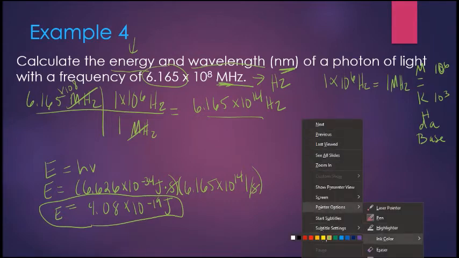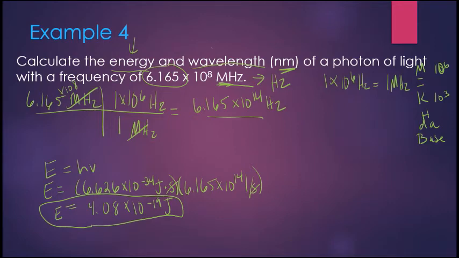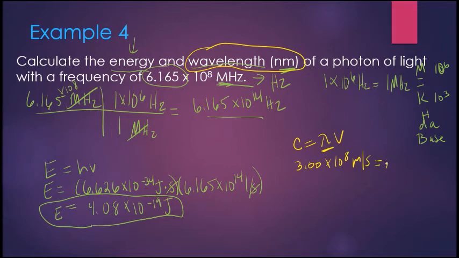Now I'm going to look at the other one, doing the wavelength. I'm going to use the other equation, c equals lambda v, to solve for wavelength. So 3 times 10 to the 8th meters per second equals lambda times our frequency, which is 6.165 times 10 to the 14th hertz, or 1 over seconds.